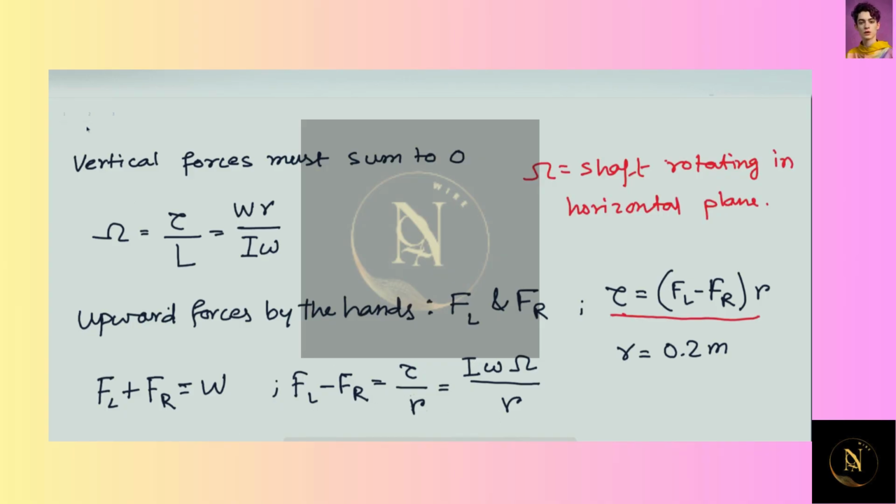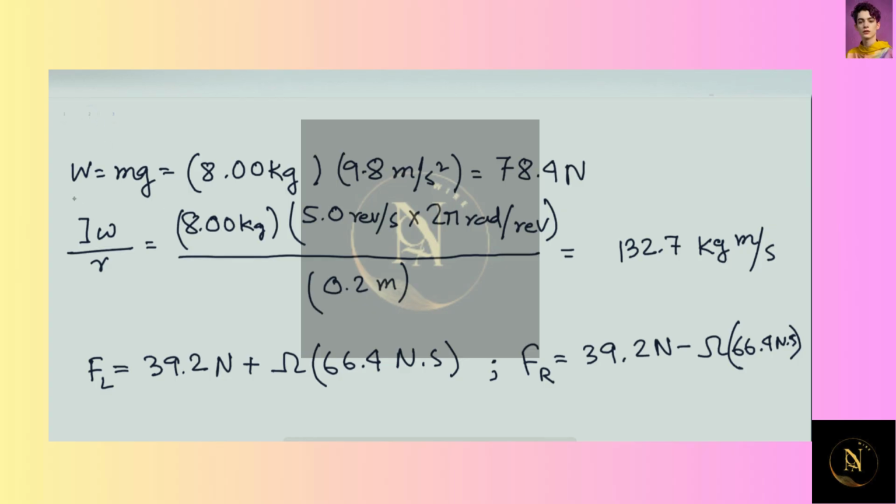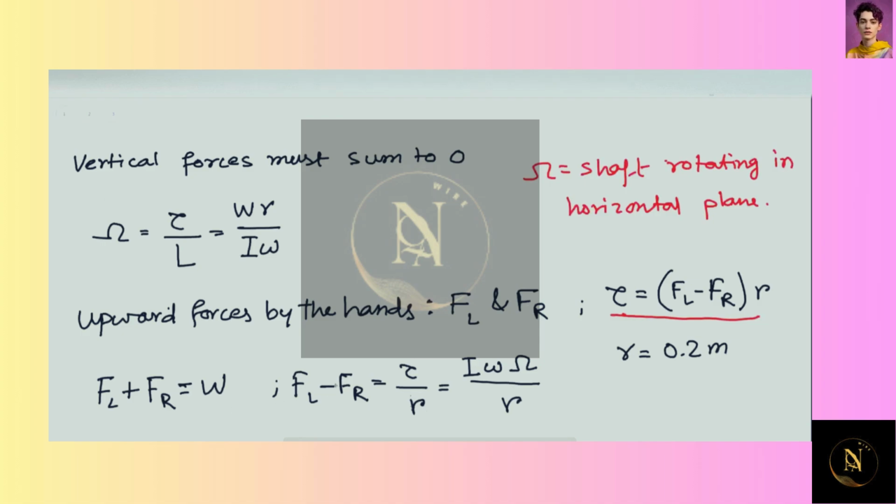And if we combine these two equations, first of all, we compute W, which is mg, and that's 78.4 newtons. And also we compute I omega over R, which gives us 132.7 kg meter per second squared. And using these two equations, now we solve for FL and FR.